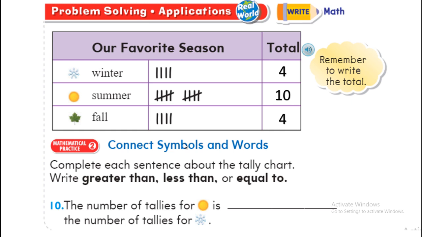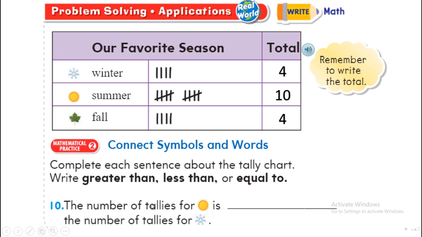Complete each sentence about the tally chart. Write greater than, less than, or equal to. Why do we use these three words, greater, less, and equal? We use them to compare between two numbers. Here, they want me to compare between the sun, which is the summer, and the snowflake, which is winter.